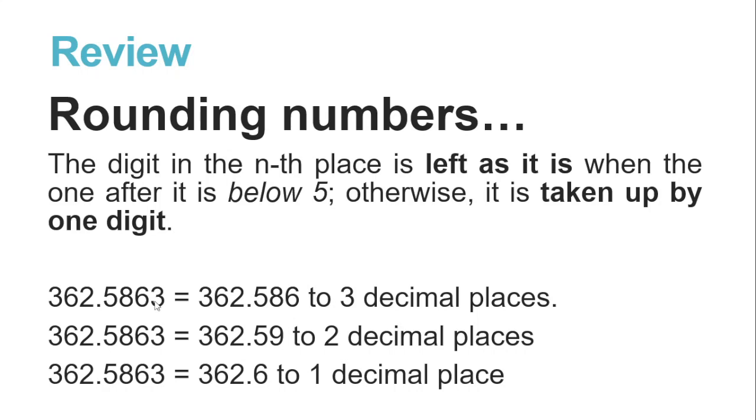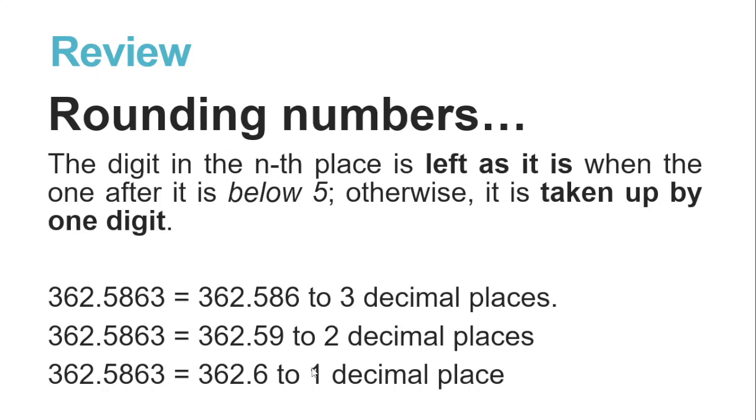And on our second example, we have two decimal places. Since the 8 is followed by 6, and that's above 5, we're going to add 8 plus 1. So the rounded estimation on that is 362.59.